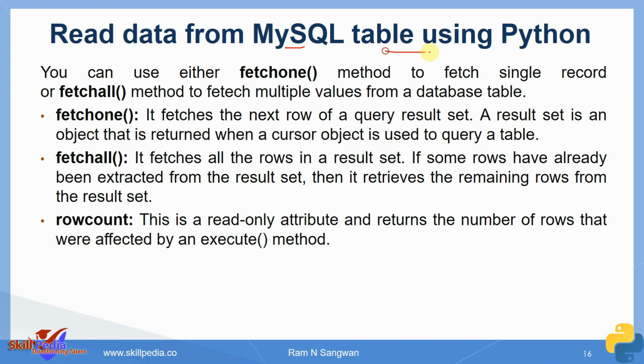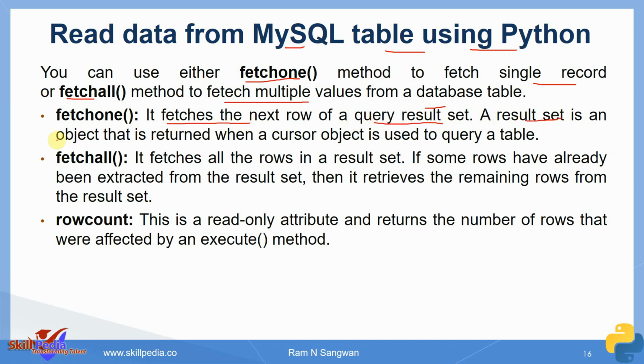Read data from a MySQL table using Python. You can use either the fetchone method to fetch a single record, or you can use fetchall to fetch multiple values from the database table. Fetchone fetches the next row of the query result set.